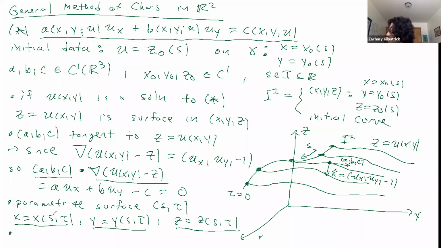But then the only thing that we need to worry about is how they're changing along each of these individual characteristics. So we no longer have to solve a full PDE. As we move along tau, we need to solve an ODE just with respect to the variable tau.